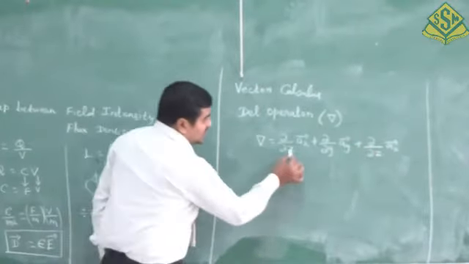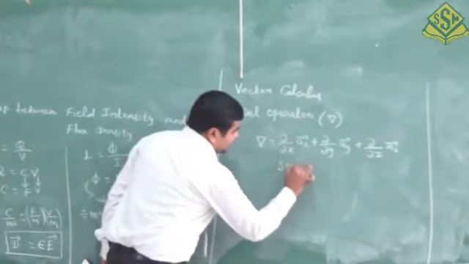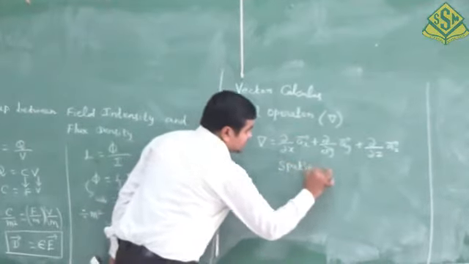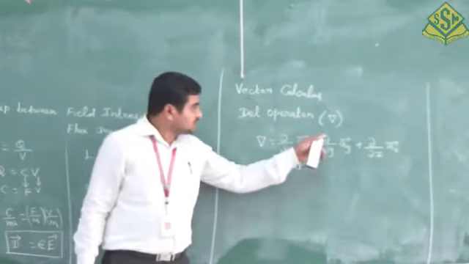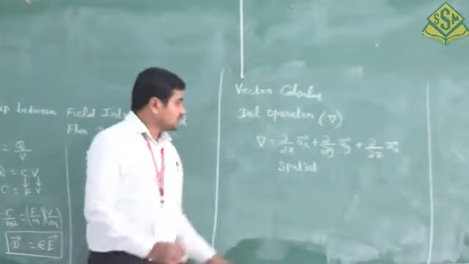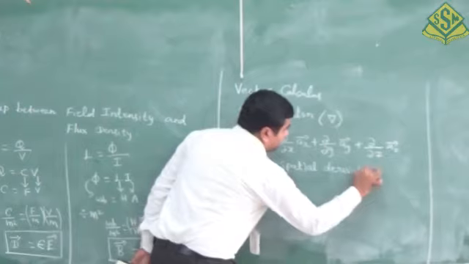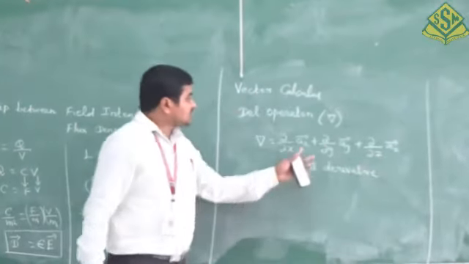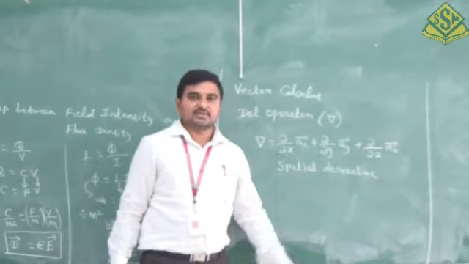It depends on the x, y, z axis, so it is spatial. Also it has ∂/∂x, ∂/∂y, ∂/∂z, which is for derivative, so spatial derivative, and also it has unit vectors ax vector, ay vector, and az vector.